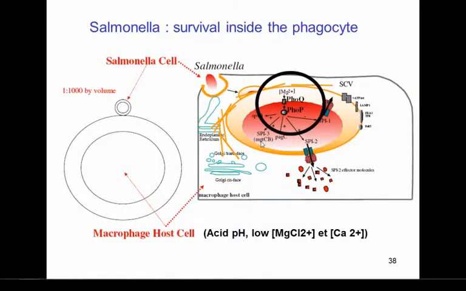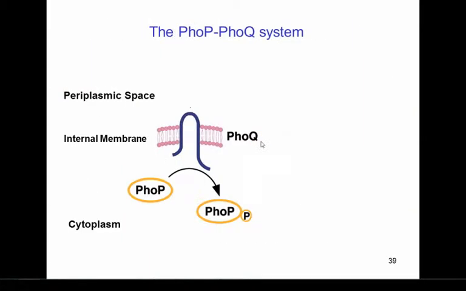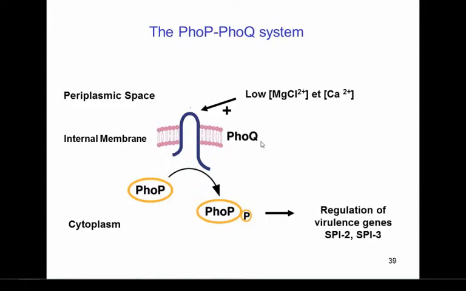So how does this PhoP, PhoQ system work? PhoQ is a membrane protein, and in conditions of low magnesium and low calcium, it's going to be activated. Once it's activated, it phosphorylates PhoP. PhoP is a transcription factor, which will upregulate the expression of the virulence genes, SPI2 and SPI3.